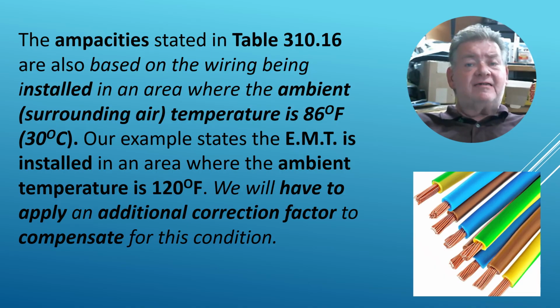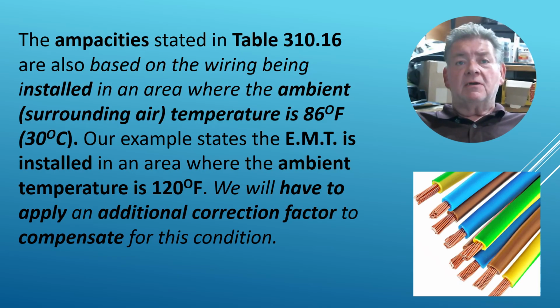Remember, the ampacities stated in table 310.16 are also based on the circuitry, the wiring, being installed in an area where the ambient or surrounding air temperature is about 86 degrees Fahrenheit, 30 degrees Celsius.